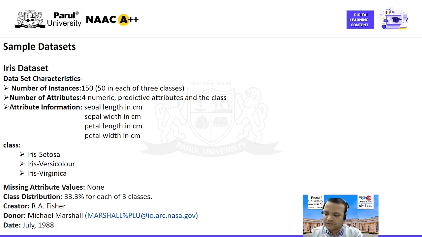The creator of that data set was R.A. Fisher. The donor was Michael Marshall. The date of that data is July 1988. So these are the basic information about the iris data set.